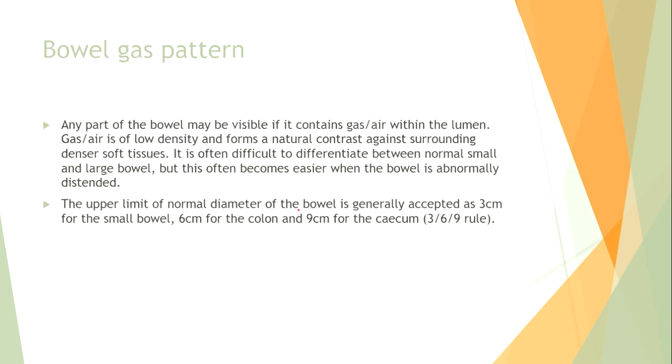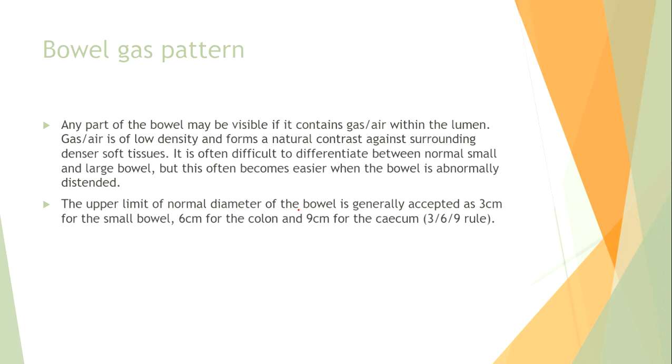So, bowel gas pattern. Any part of the bowel may be visible if it contains gas or air within the lumen. Gas is of low density and forms a natural contrast against surrounding denser soft tissues. It is often difficult to differentiate between normal small and large bowel, but this often becomes easier when the bowel is abnormally distended.